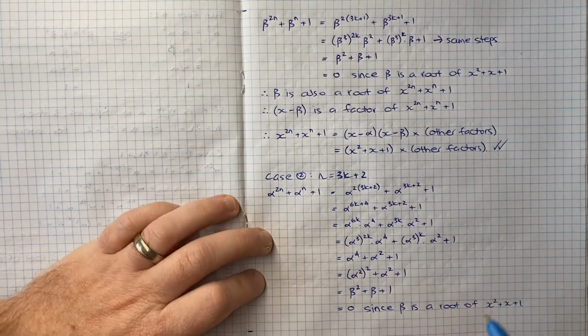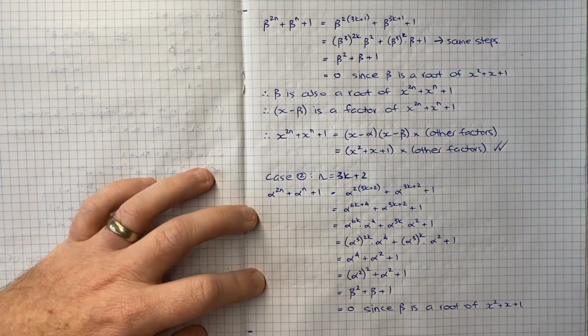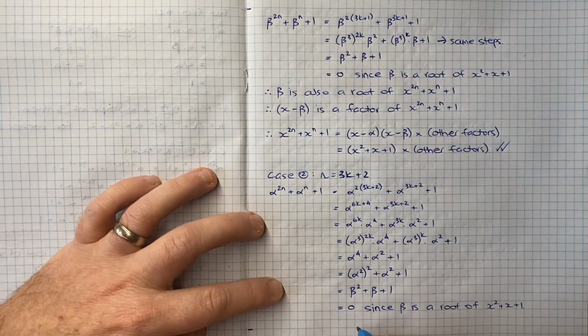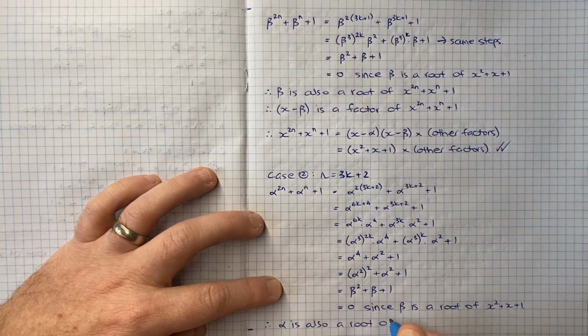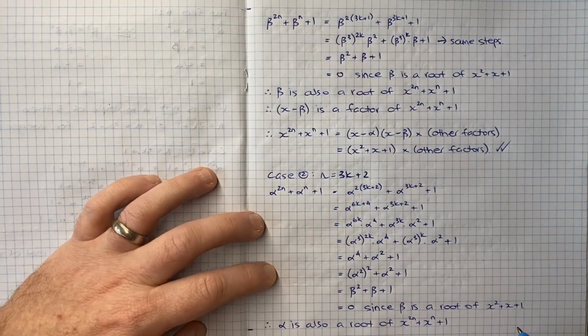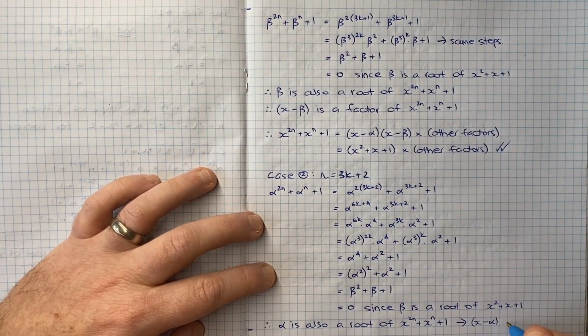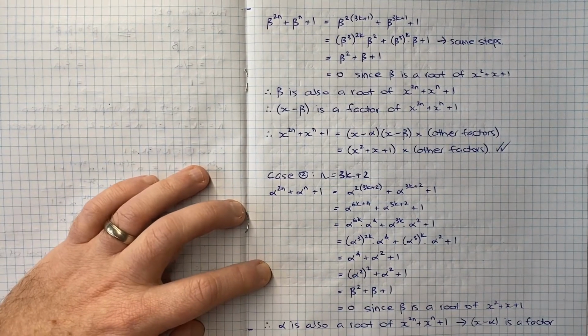So therefore we make our same conclusion that alpha is also a root of x to the 2n plus x to the n plus 1, and that means x minus alpha is a factor of this. So exact same conclusion that we did in case 1.